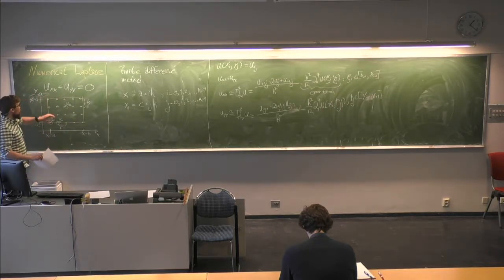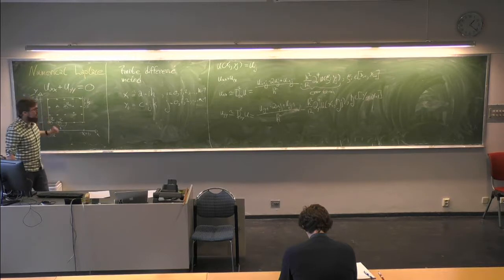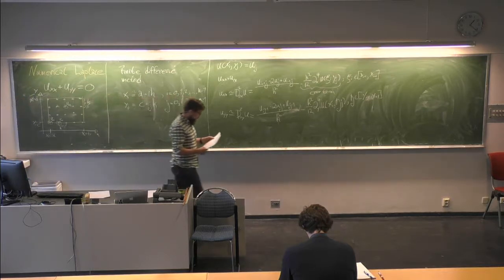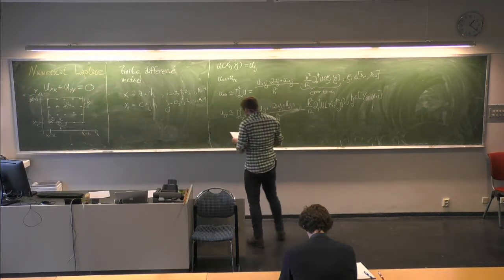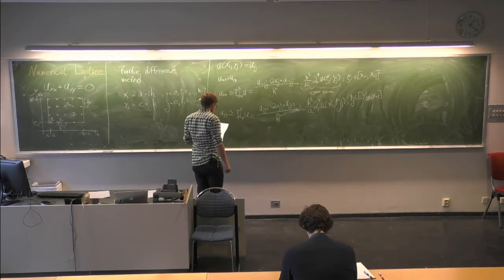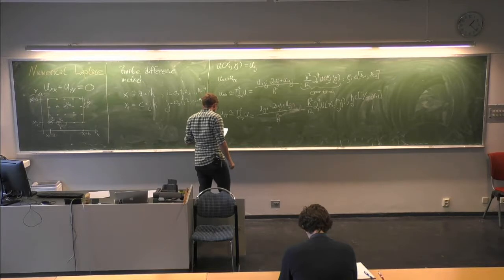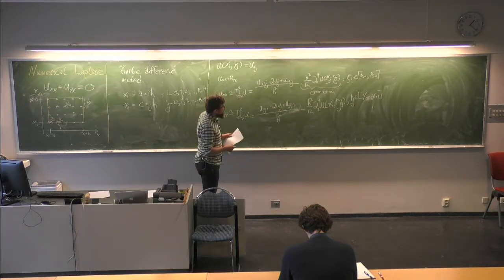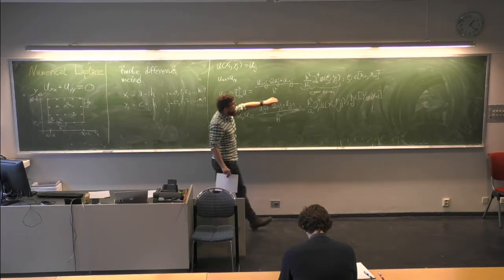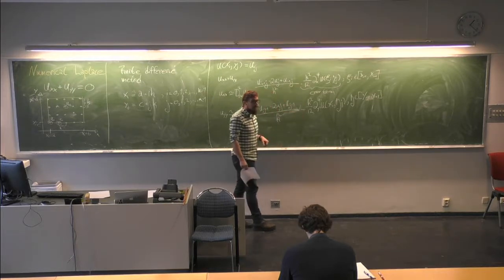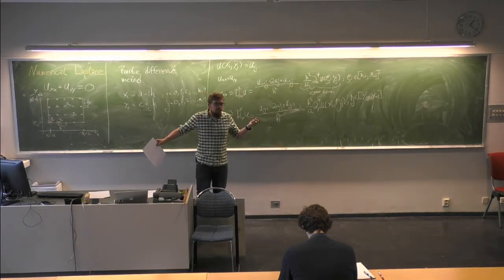And you also see that we will have some problems in the corners, where we get back to this. Usually you have the h's and k's equal, unless you have some reason not to.